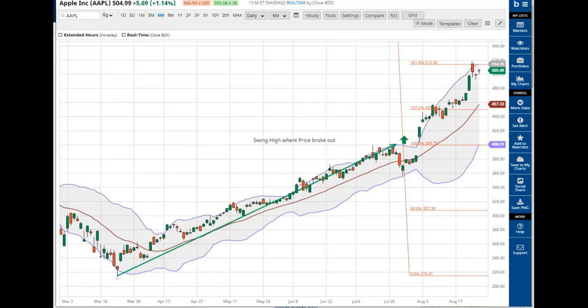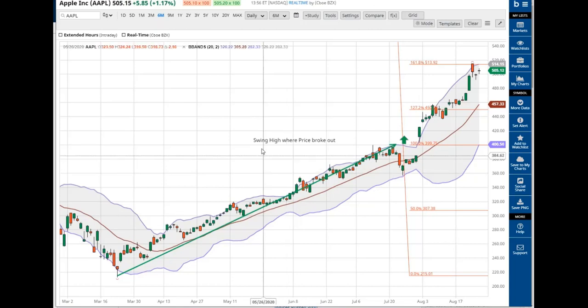So these 2 indicators would have given me a better indication that, yeah, maybe Apple is going to go higher, but at this moment in time, it's probably gone too far, and I want to wait for that correction.